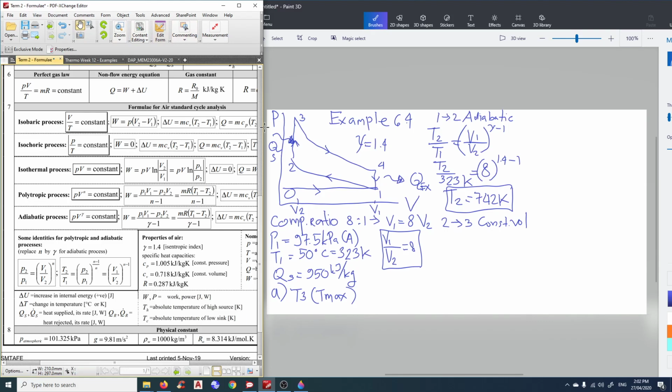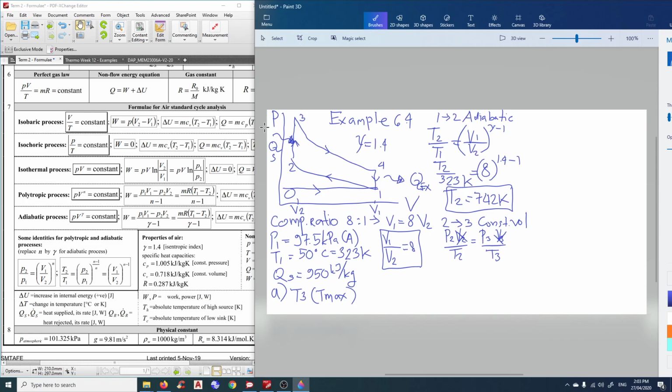Remember from last week, P2 V2 over T2 equals P3 V3 over T3, but we have a constant volume, so this V is the same.